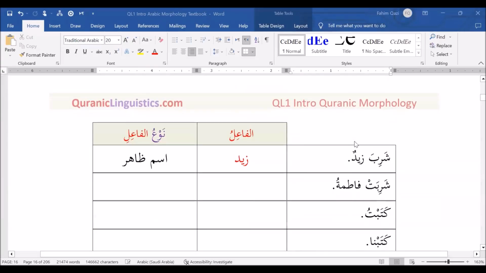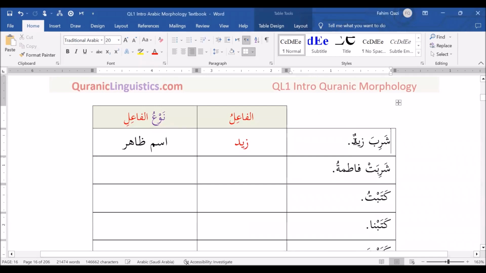So the next thing is to complete this practice. You have example sentences, verbal sentences with the past verb. Your job is to identify the fa'il. Shariba Zaydun, the fa'il is Zayd. And then also identify the type of fa'il.